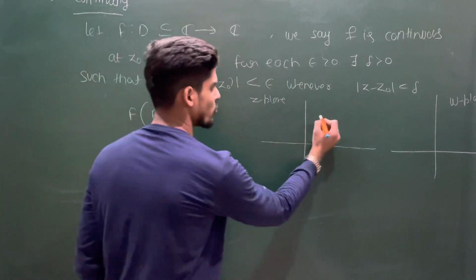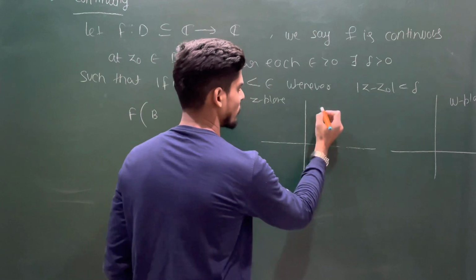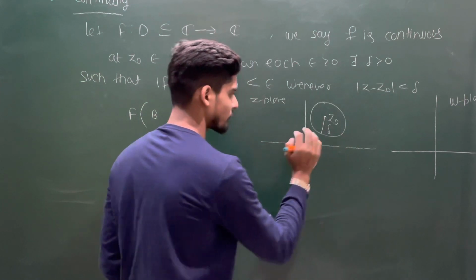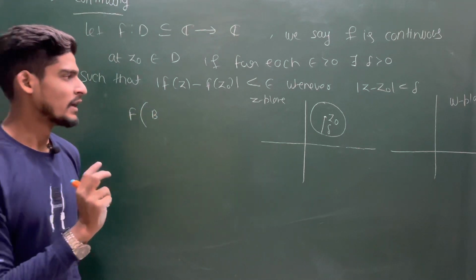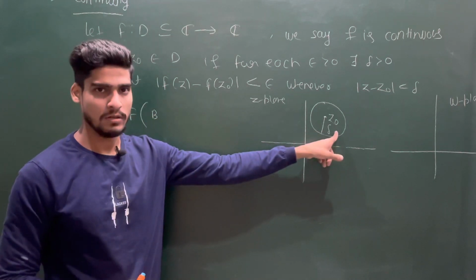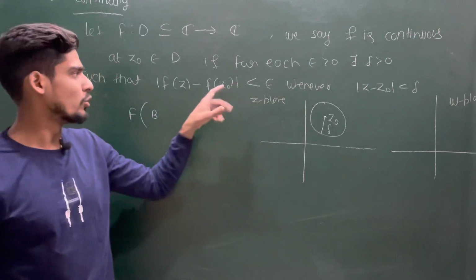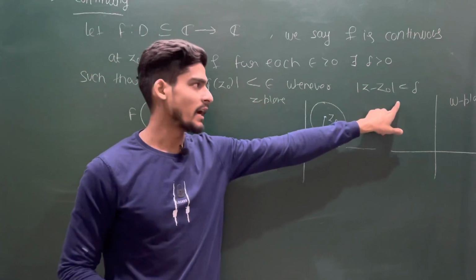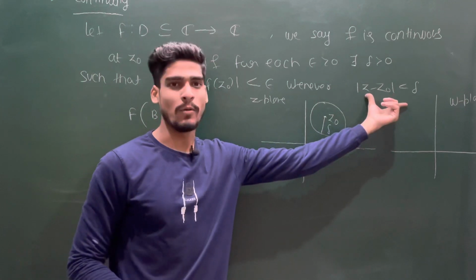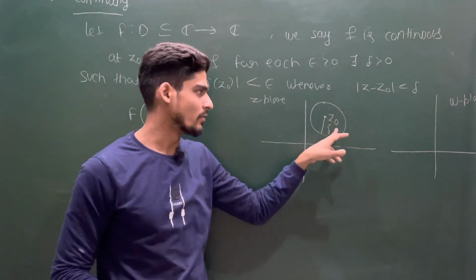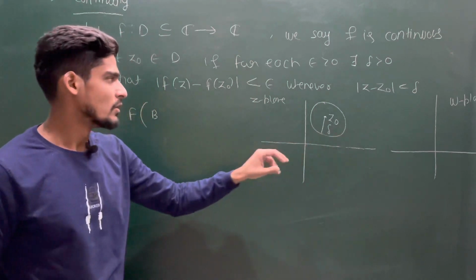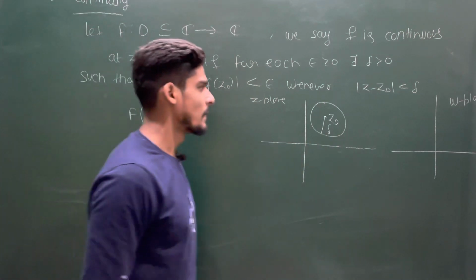So whenever you are choosing your Z0 here, you take the ball of radius delta and then find the image of this ball, because you are choosing only those Z which are satisfying this property, and the Z which are satisfying this property are the members of this ball of radius delta centered at Z0.